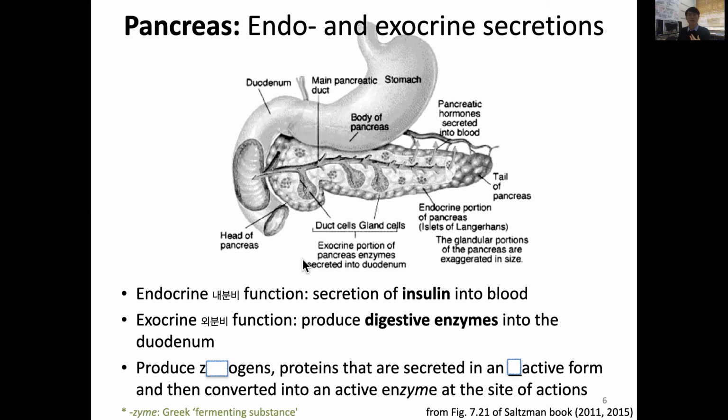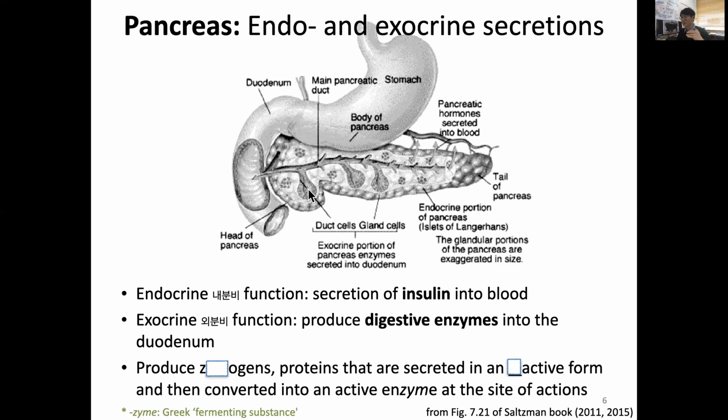So let's see how the pancreas looks. It's right attached on the back of the stomach, and it's connected to our gastrointestinal tract at the duodenum with this hole. So this is how the pancreas looks. And there exists a main duct inside, the main pancreatic duct.